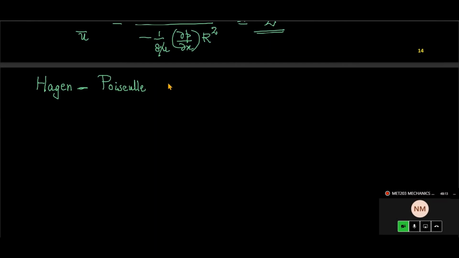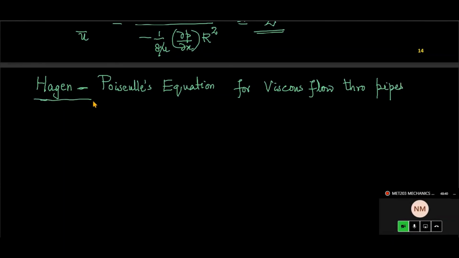So Hagen-Poiseuille's equation, and this is applicable for viscous flow through pipes. So derive Hagen-Poiseuille's equation. It basically gives the pressure head loss in the case of viscous flow through pipes.